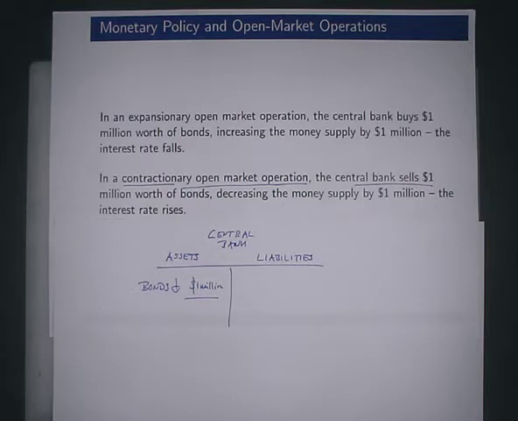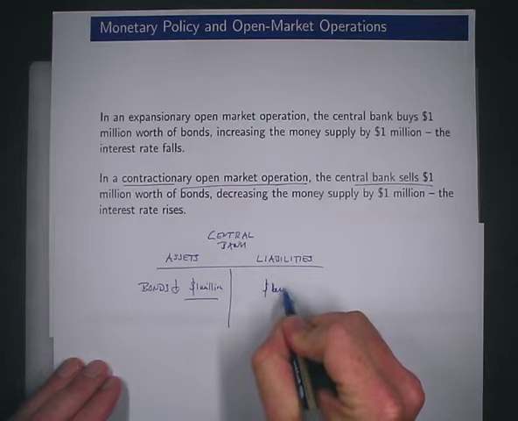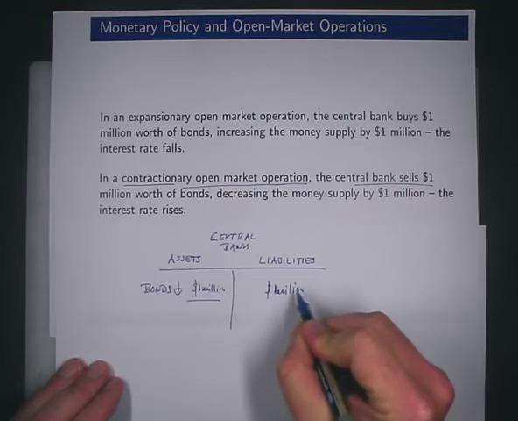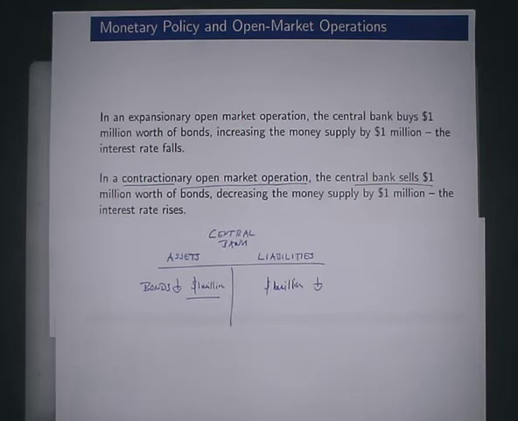Okay? So the liabilities, the money that's in circulation, goes down by $1 million. Okay? So it's then at the bank again. So it's no longer a liability to the system. Okay?